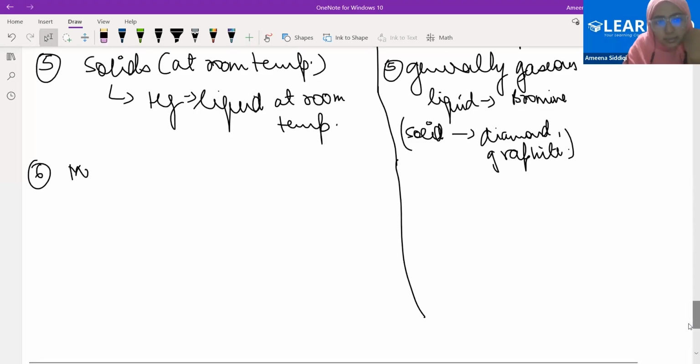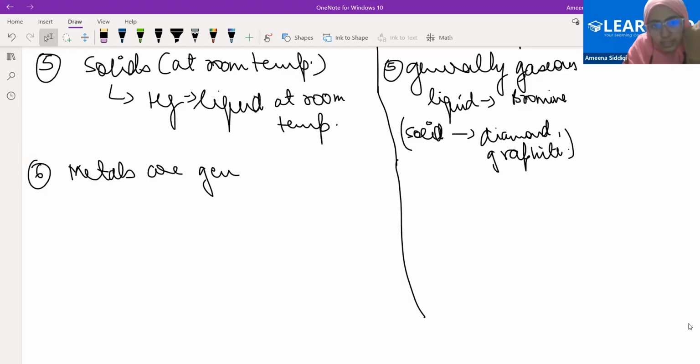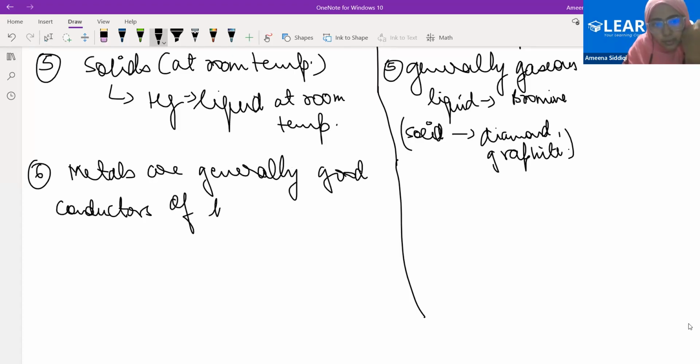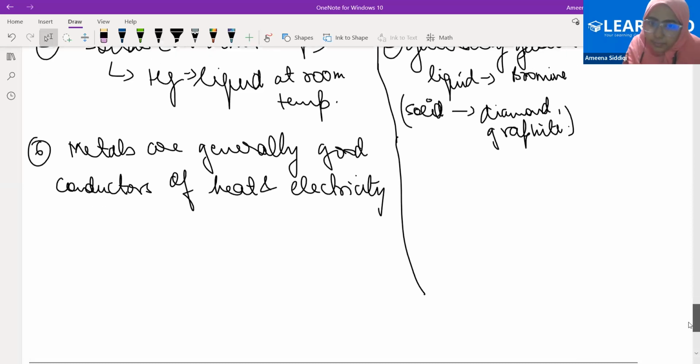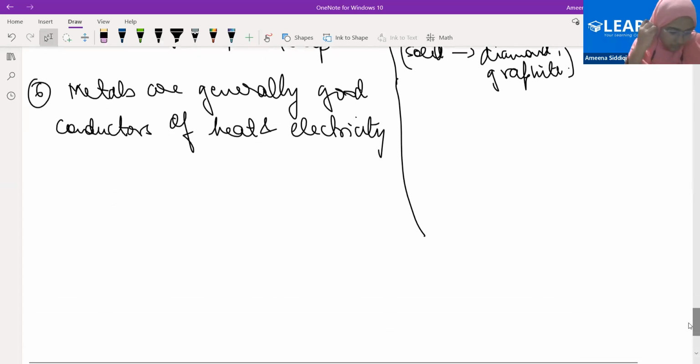Point 6. Metals are generally good conductors of heat and electricity. And which metal is the best conductor of heat?